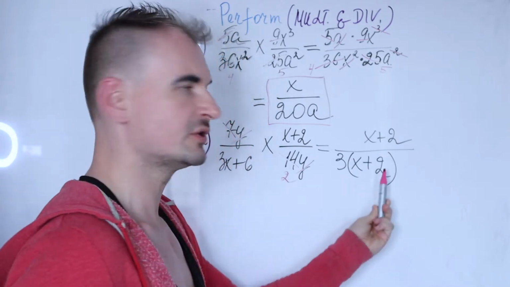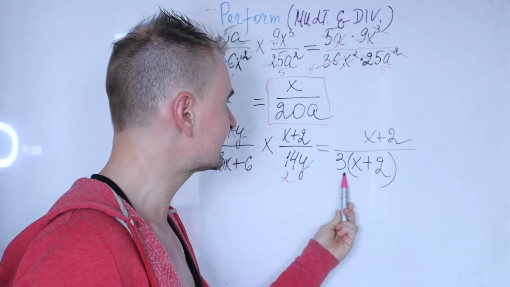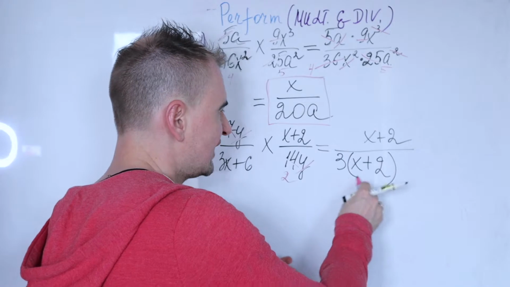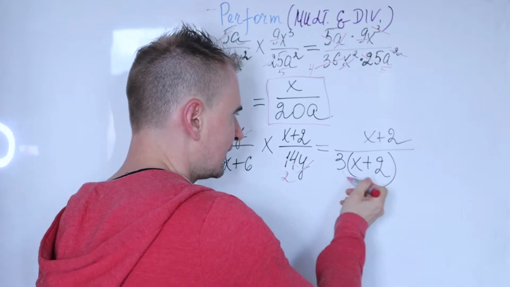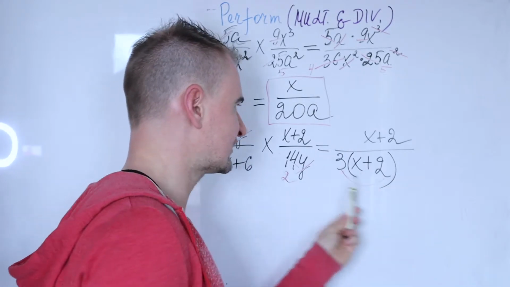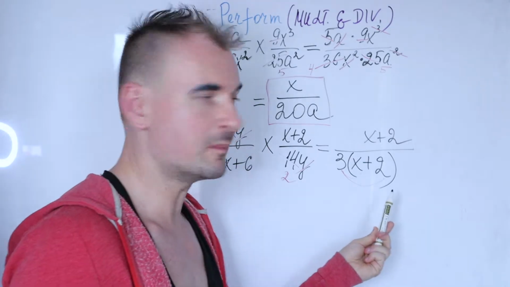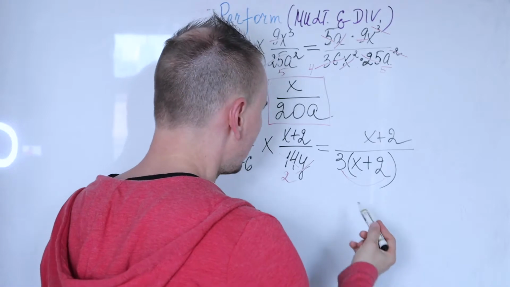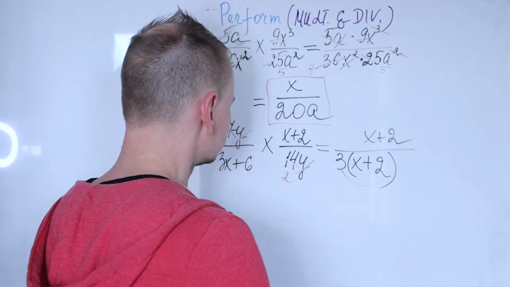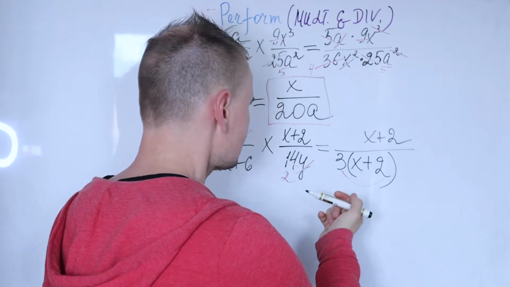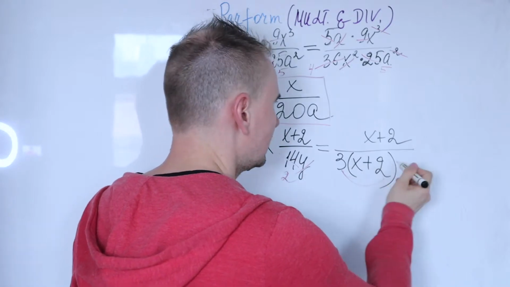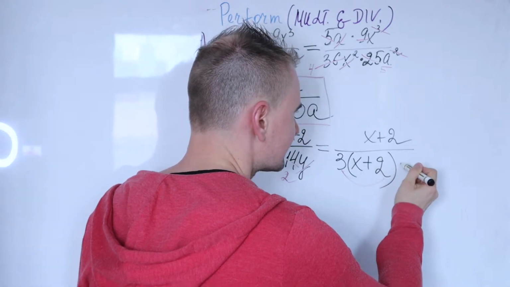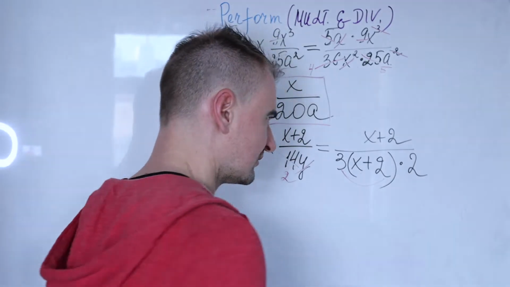And you can check your factoring at this point, since 3 times x gives you 3x back, and 3 times 2 takes you back to 6, so that's fine. And here we have also 2 left over, so times 2.